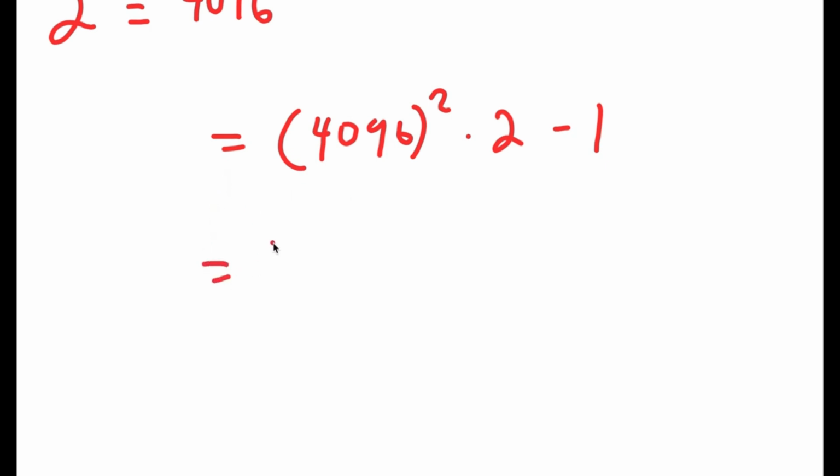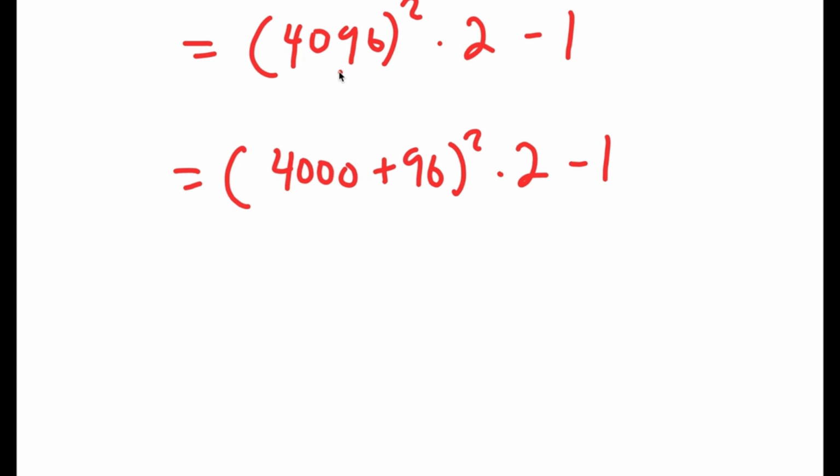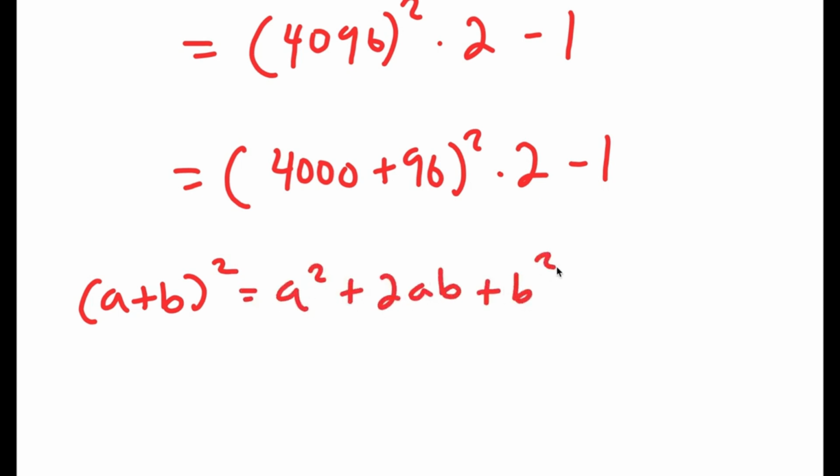Now I'm going to simplify this as 4,000 plus 96 squared times 2 minus 1. The reason I'm doing this is because 4096 squared is really hard to calculate by itself. If we change it to 4000 plus 96 squared, I can use the property a plus b squared is equal to a squared plus 2ab plus b squared.